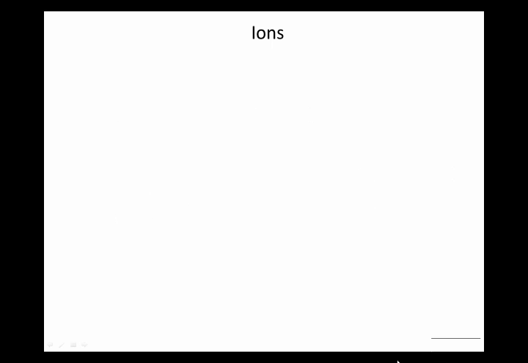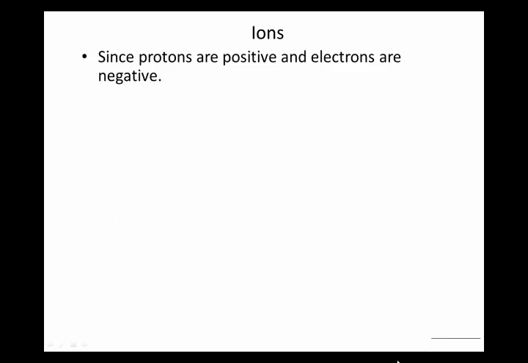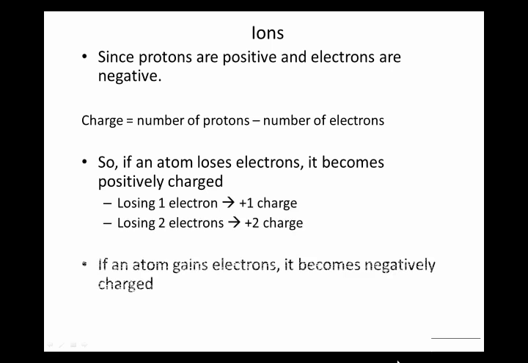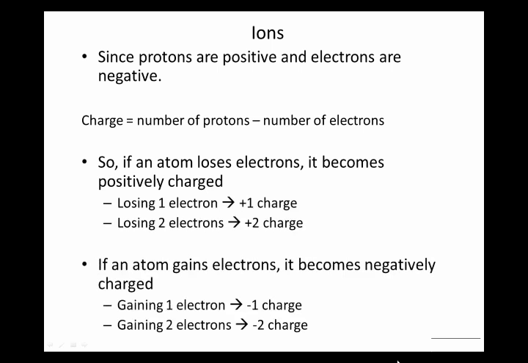Here's the charge: number of protons minus number of electrons. If an atom loses electrons, it becomes positively charged. I know this can be counterintuitive, but you have to remember that electrons are negatively charged. So losing electrons makes it positively charged, and gaining electrons makes it negatively charged. Remember, I talked about metals and nonmetals.